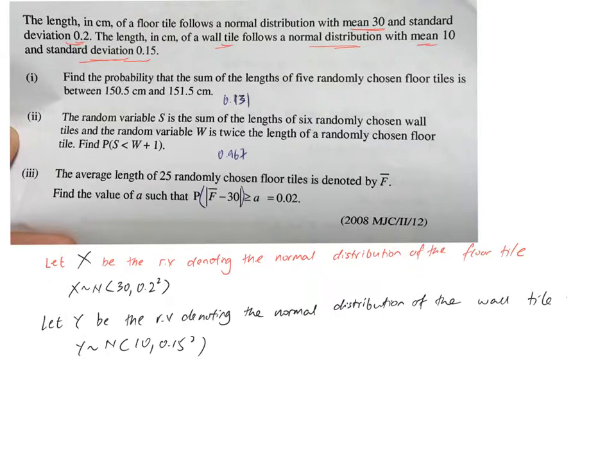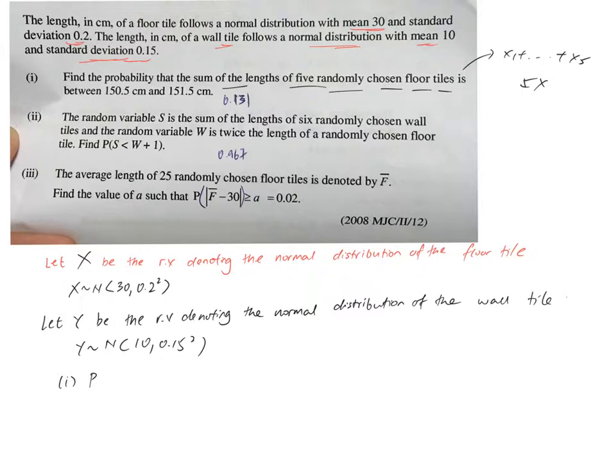After that, in part 1, what does part 1 really want? Part 1 basically wants us to find the probability that the sum of the length of 5 randomly chosen floor tiles. So are we talking about X1 plus X5, or are we talking about 5 times X? You must know the difference: we're talking about the sum of length of 5 randomly chosen floor tiles, so it's X1 plus X2 plus X3 plus X4 plus X5.